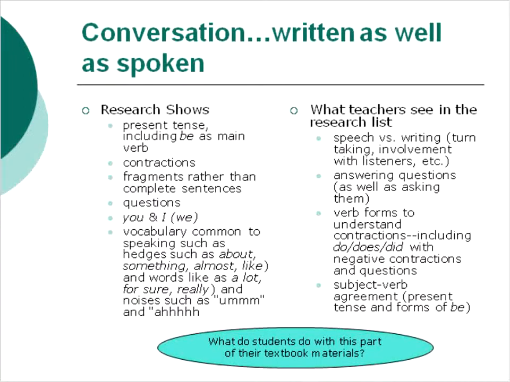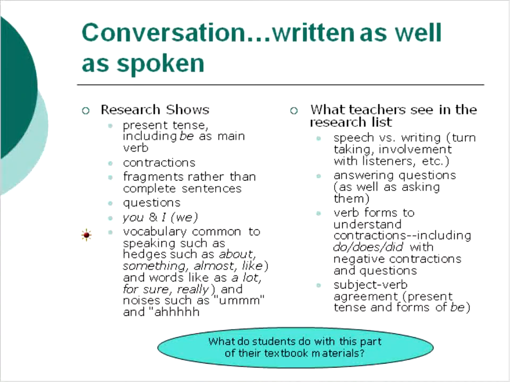The language of conversation, as research shows it, includes these grammatical features. Conversation just about always uses present tense, using be many times as the main verb, contractions, fragments rather than complete sentences, a lot of question asking, and the questions go back and forth between you and I, we.